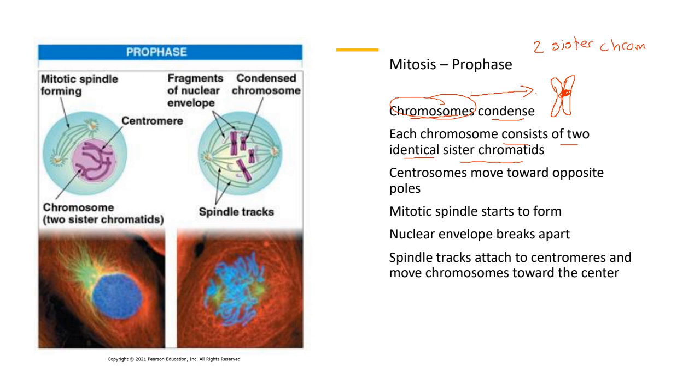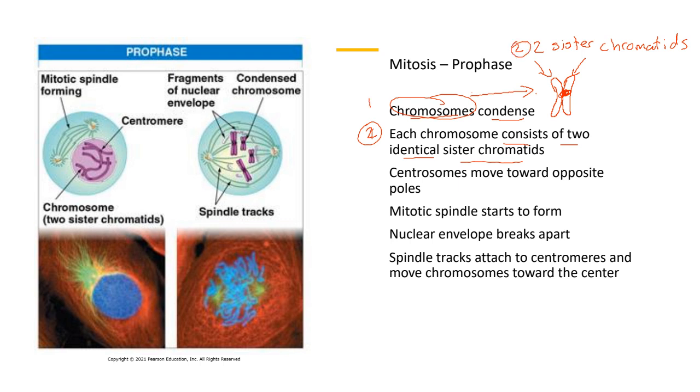This is one, and this is the other one. Think of them as arms and legs. Okay, so I'm going to put number 1 over here, and number 2 here. Please don't get confused. This is number 2 for sister chromatids. And I put here number 1 as this condensed chromosome.